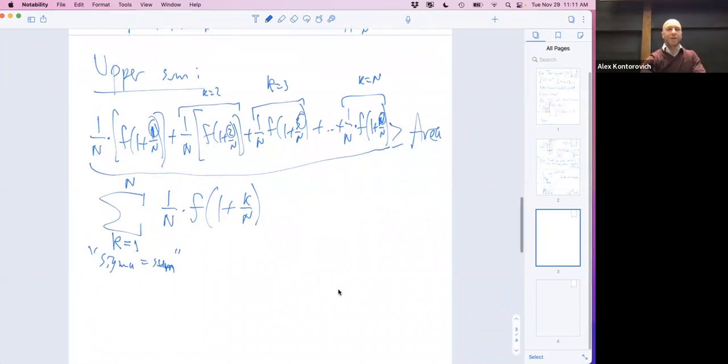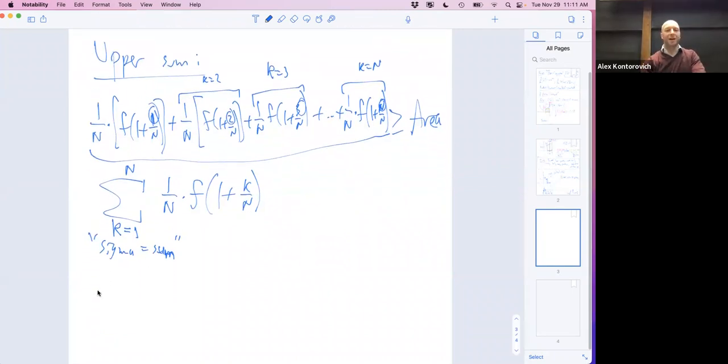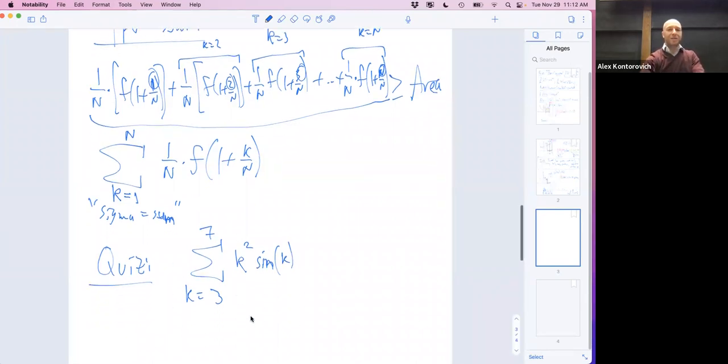Let's check if you guys are following what sigma notation means. Should we do a quiz? It's a good time for a quiz. What's the sum as k goes from 3 to 7 of k squared sine of k? So what I mean is write this without using sigma notation.